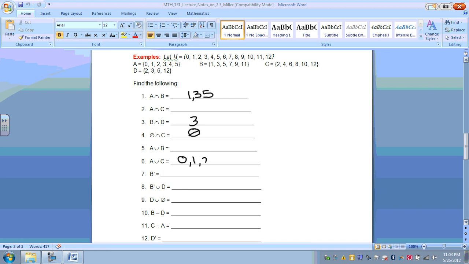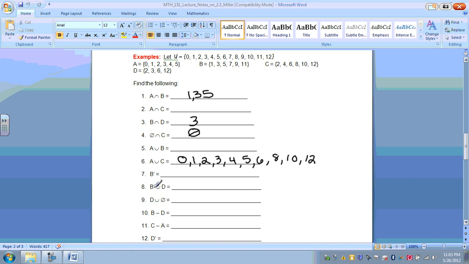They both have the number 2, 3, 4, 5, and then we start doing just some even numbers: 6, 8, 10, and 12. So the union of A and C would be those numbers 0, 1, 2, 3, 4, 5, 6, 8, 10, and 12.